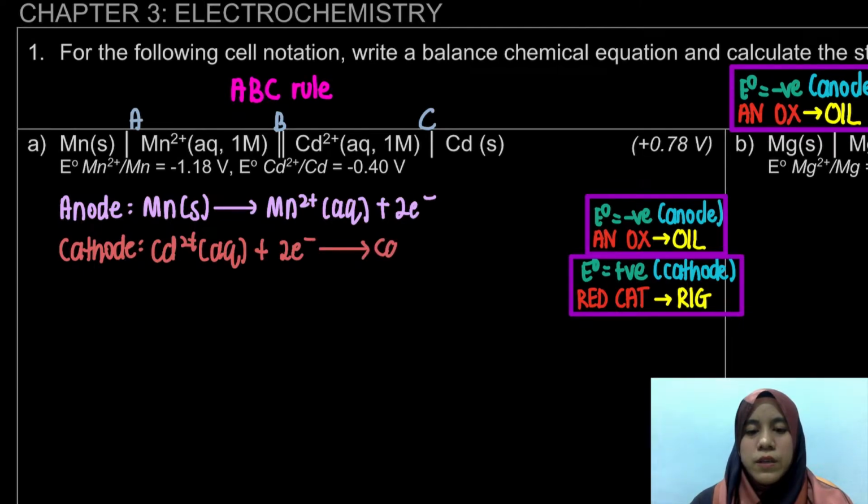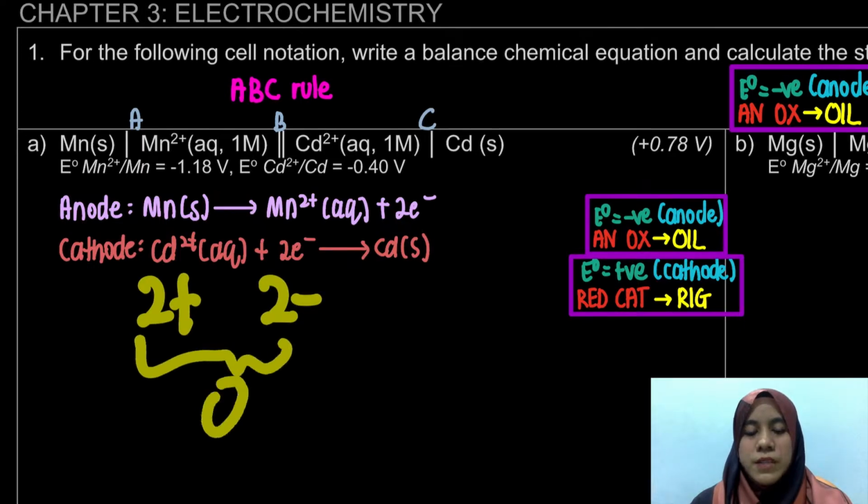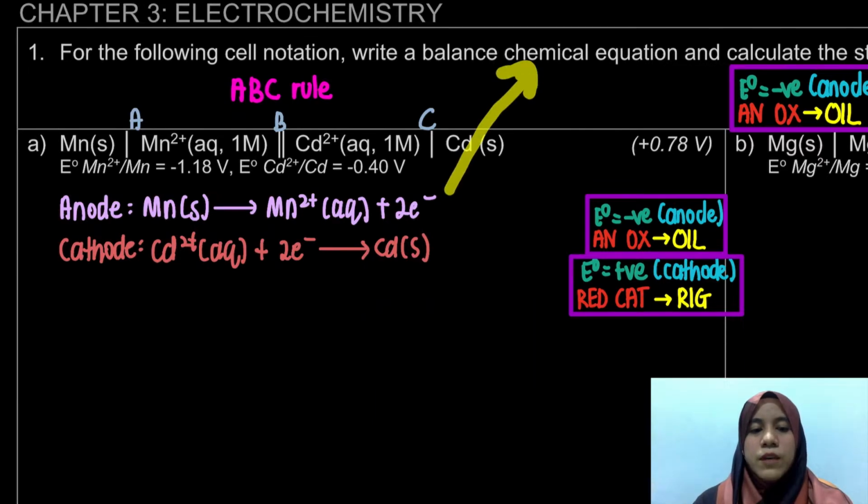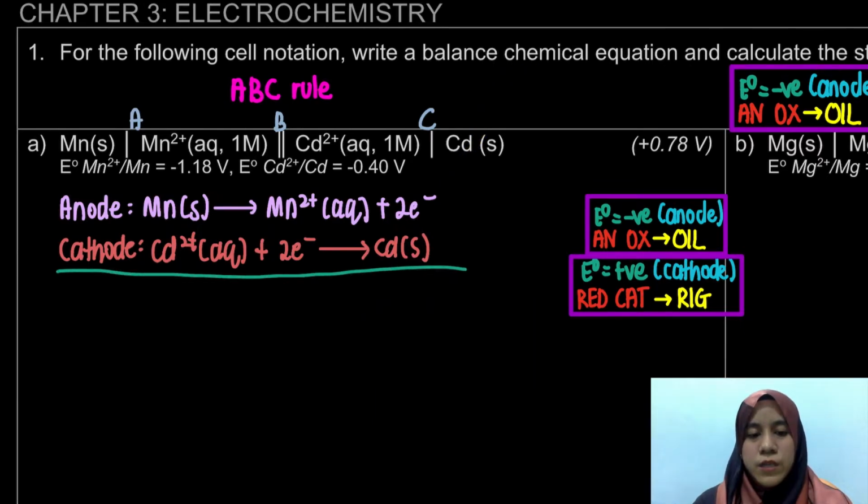Next, check whether the equation is balanced or not. For cadmium, we have only 1, and for the charge, both sides are 0, so the equation is balanced. When you write down the anode and cathode, make sure the equation is balanced. Then you can write down the overall cell equation.